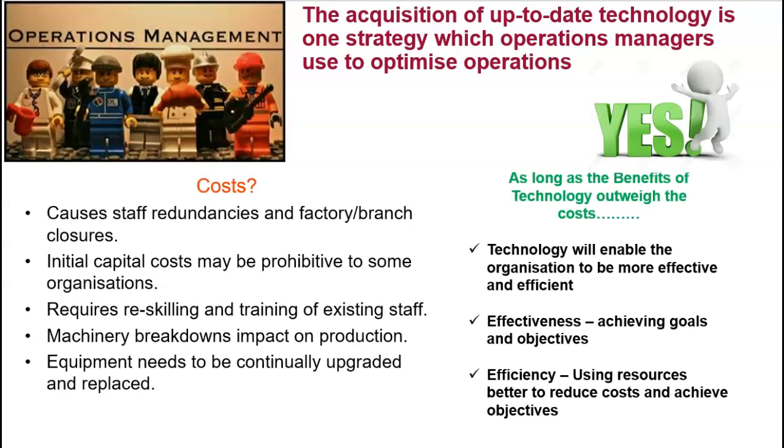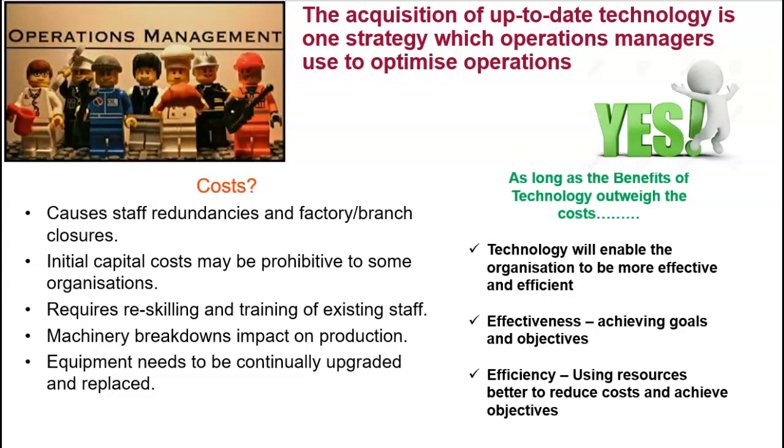So we've looked at the benefits of technology development. Let's just quickly have a look at a couple of the costs. Implementing any form of technology could have costs associated with staff redundancy. If you're reducing your labour costs, as we've looked at in area study 2, there could be redundancy as a result of that, or factory branch closures. So that's going to be a cost to an organisation.